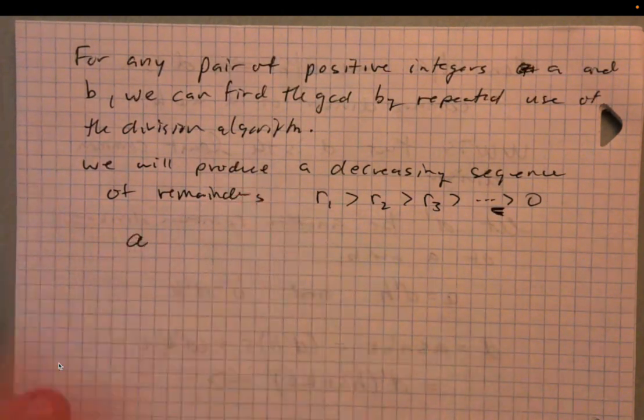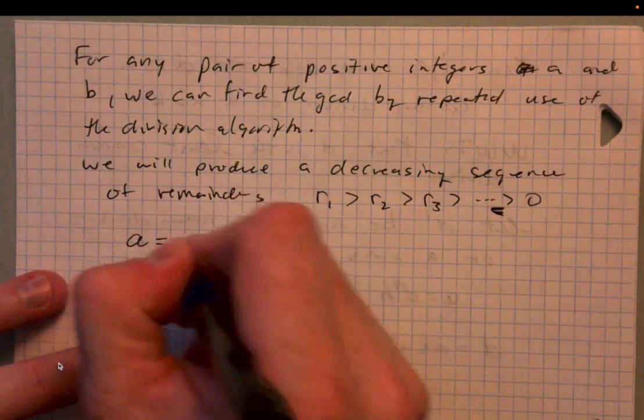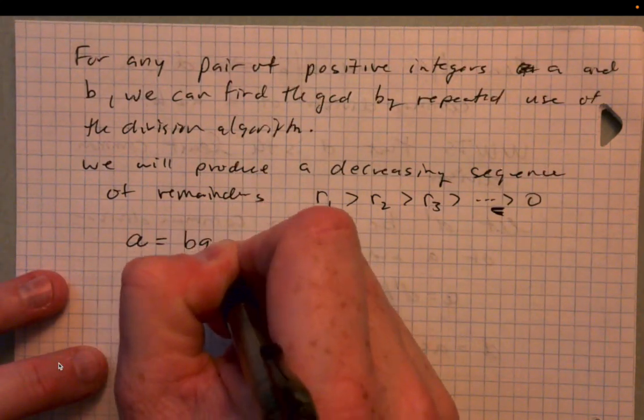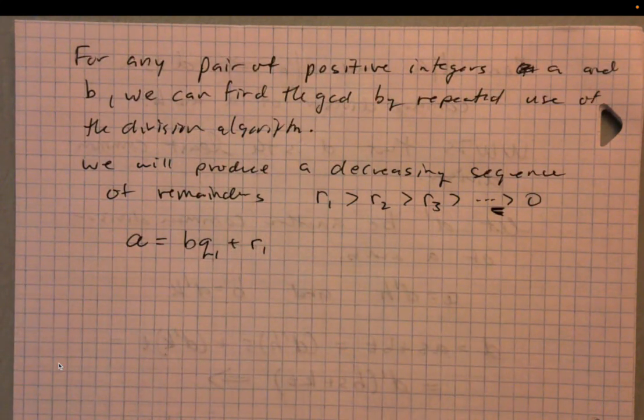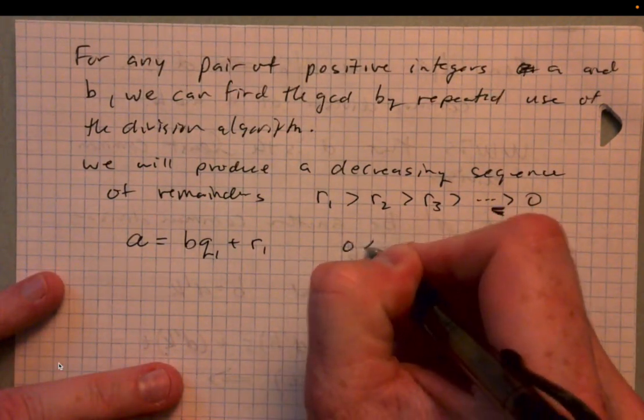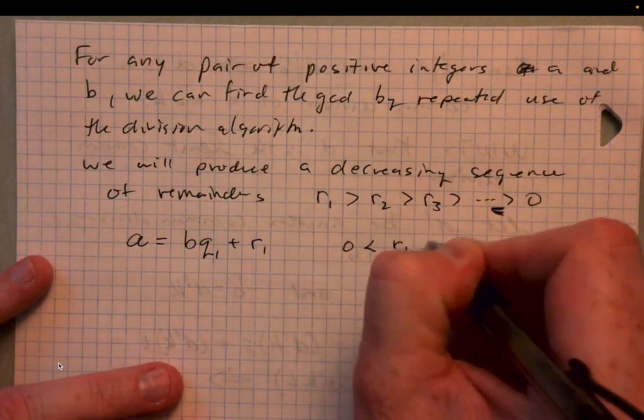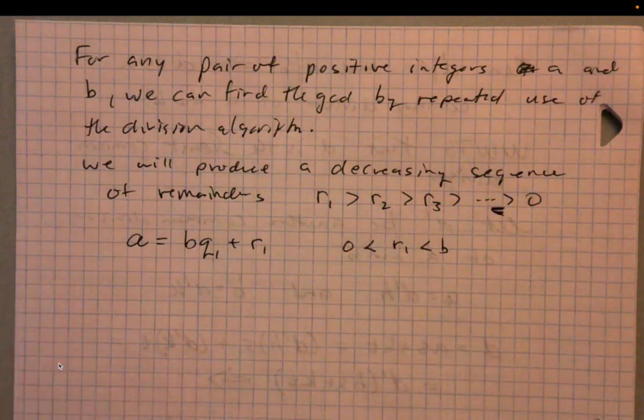So here's what it looks like. We start with a and b. Given a and b, we say a is equal to b times, we'll call it q1, plus r1. This is just the first application of the division algorithm. And we know here that 0 is less than r1, which is less than b. Now the assumption here is that r1 is not 0, because if r1 were 0, we'd be done, but we have to keep going until the remainder is equal to 0.